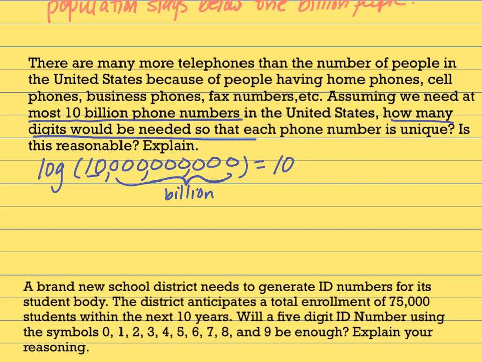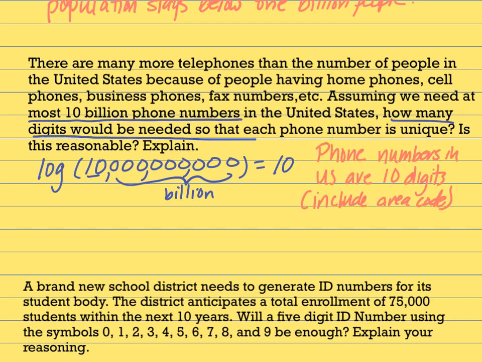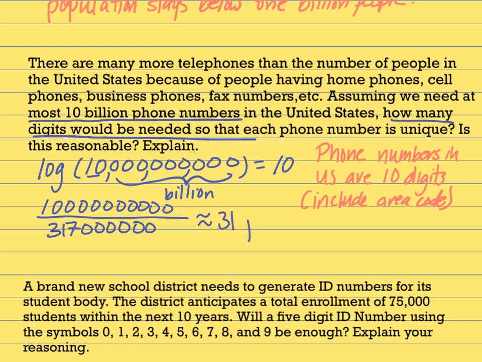So they're already 10 digits long. If you divide the 10 billion by 317 million, remember 317 million is the approximate population of the US, you'd get approximately 31 phone numbers per person.